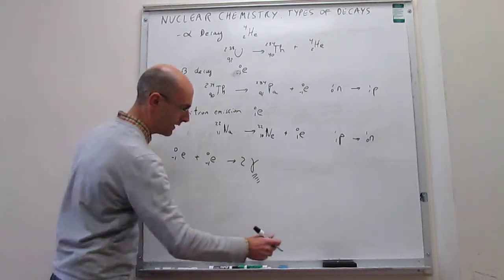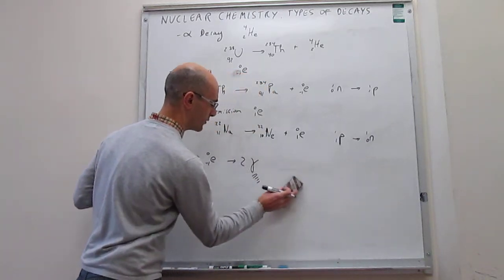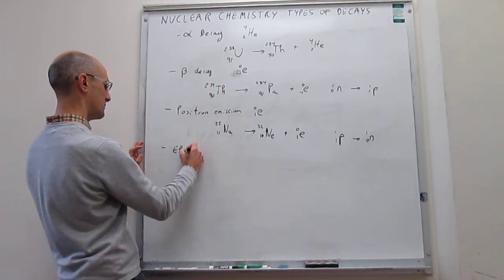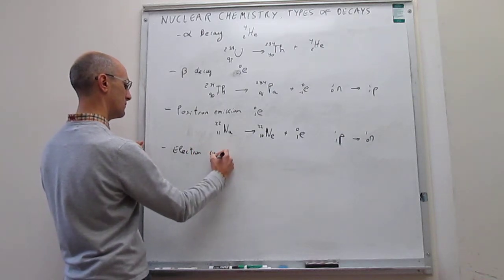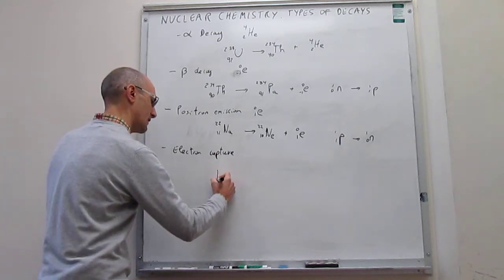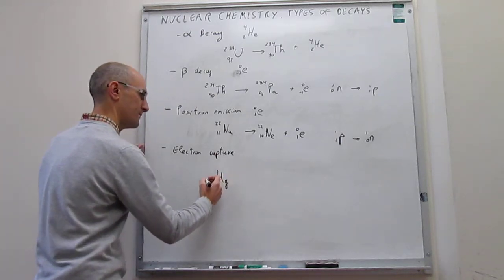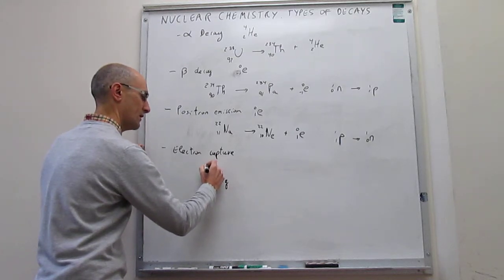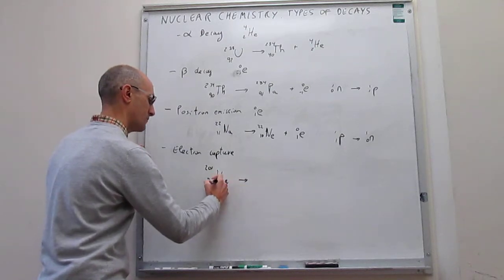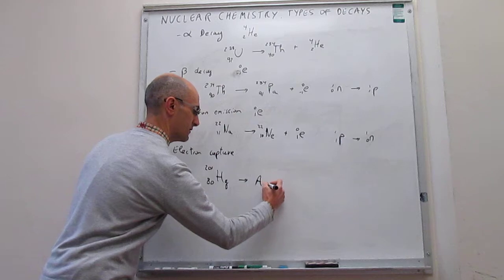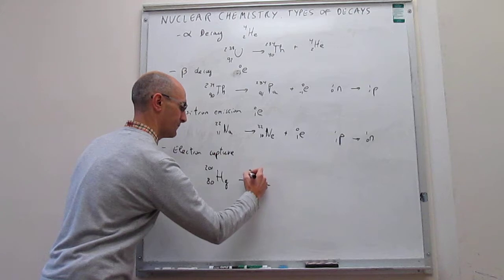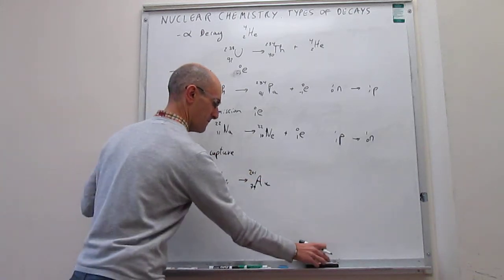Okay, all right. So the last nuclear decay that we're going to be talking about is called electron capture. An example that we can put here is going to be mercury, which has 201 mass number and 80 protons, and that can turn into gold, which has 79 protons and 201 mass number.